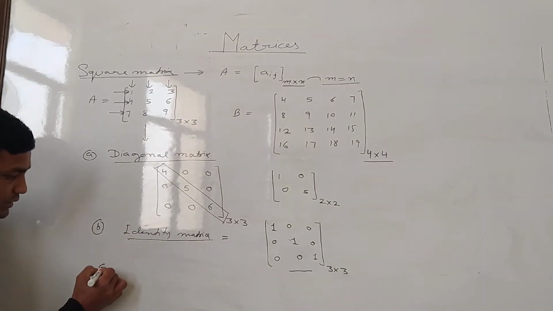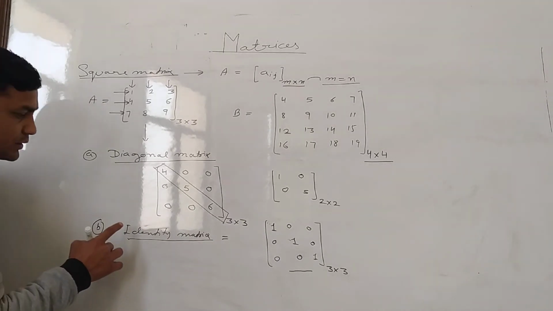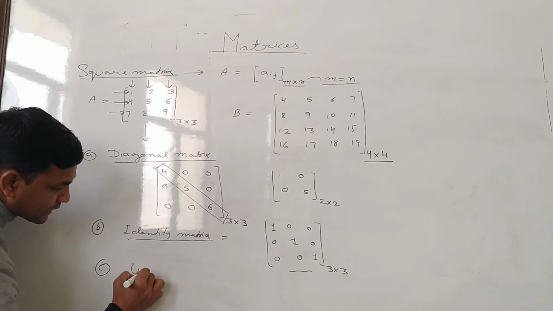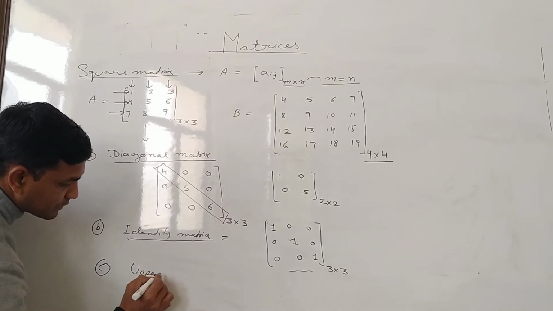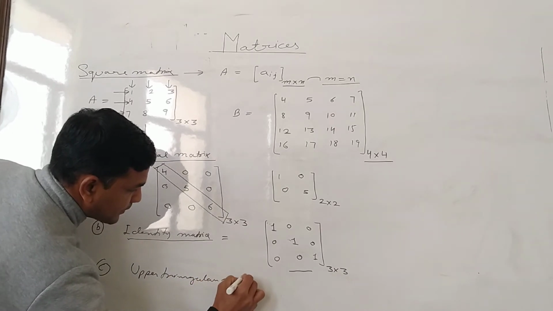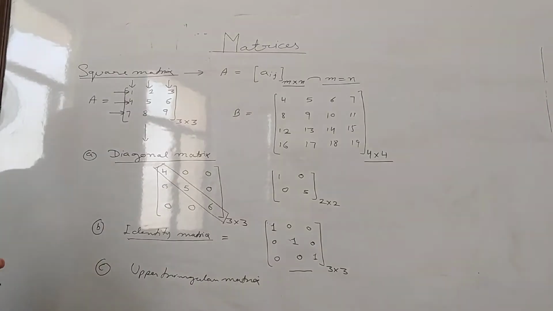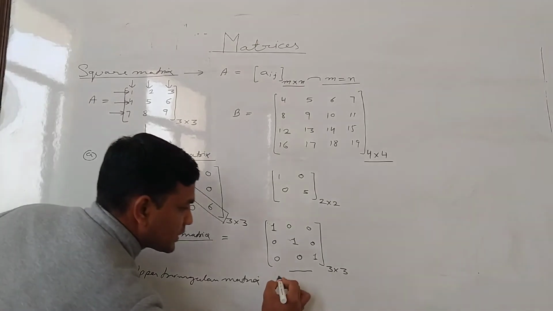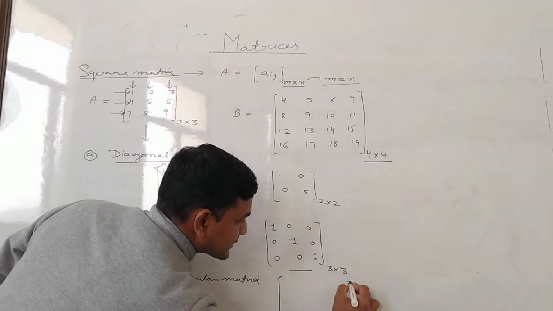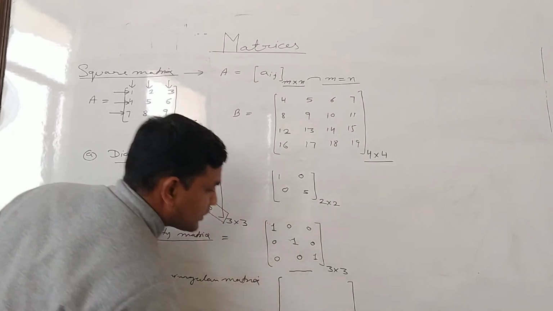The third kind of matrix is the upper triangular matrix. An upper triangular matrix is also a square matrix. Suppose the order of the matrix is 3 into 3.